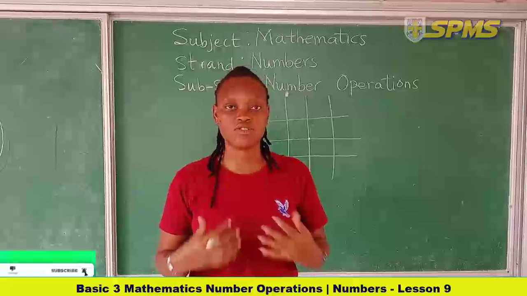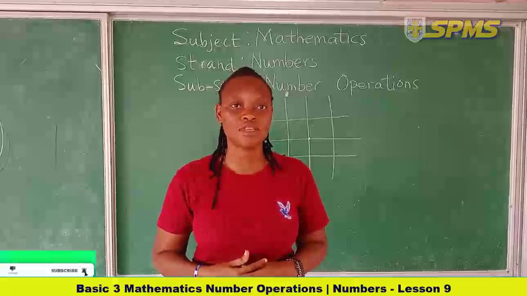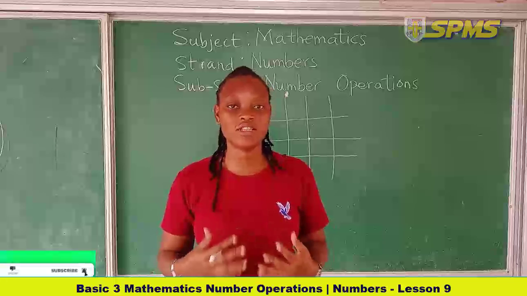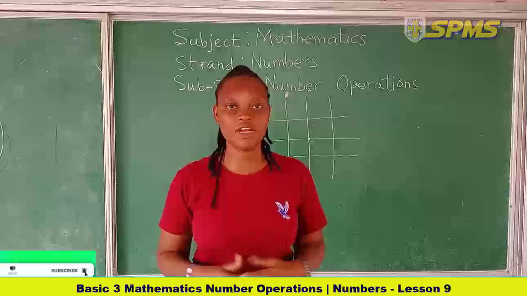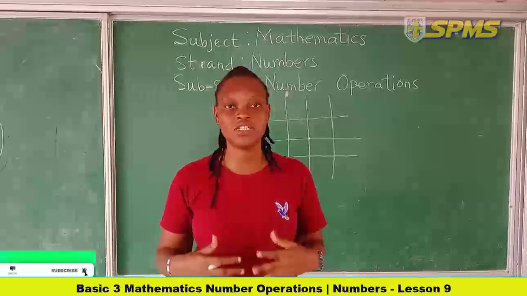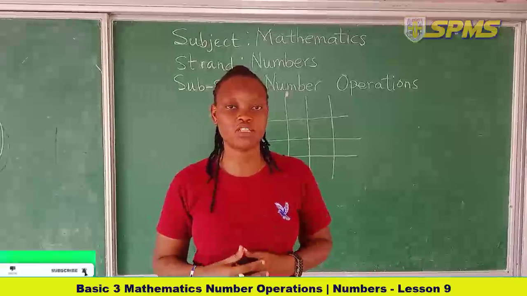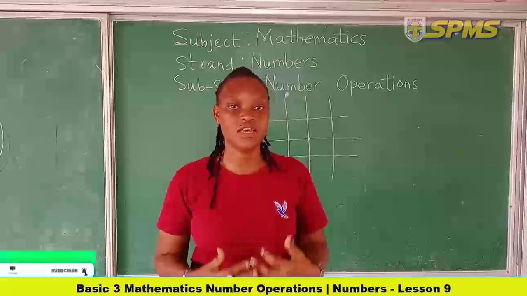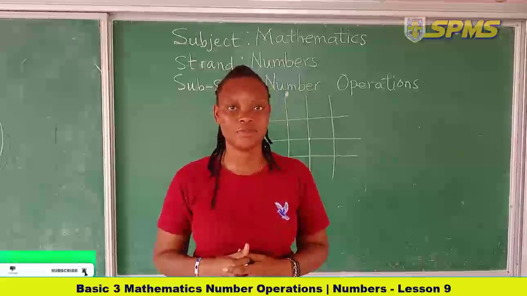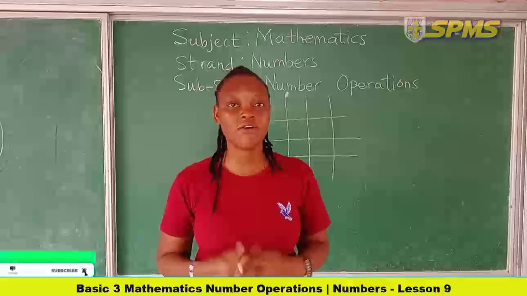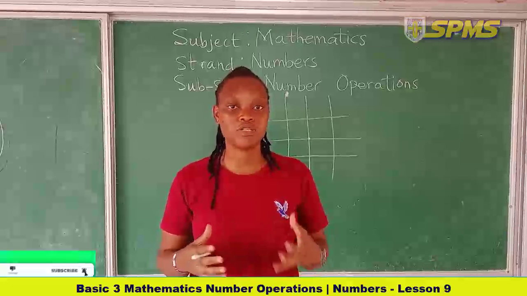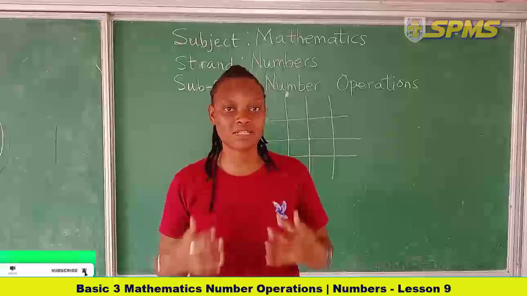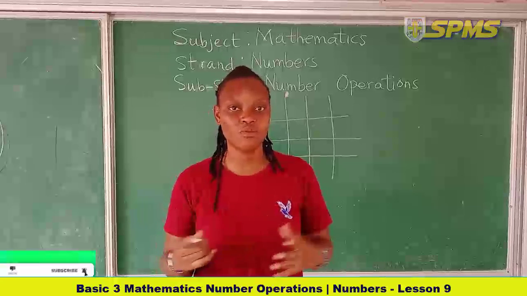The strategies we have in addition and subtraction are decomposing, friendly jumps, changing addition into subtraction, and changing subtraction into addition. And then we looked at the property of commutativity, where we change the positions of the numbers but still get the same result.